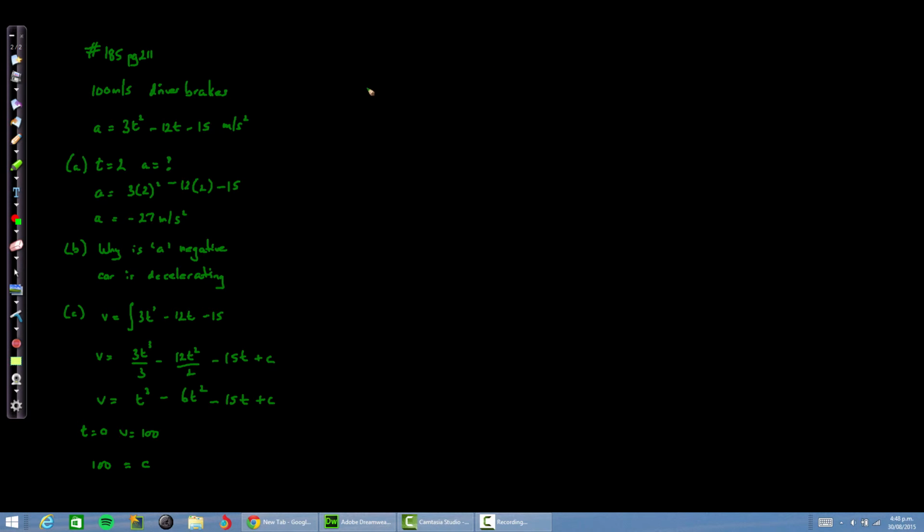So just moving over here, I've got a bit more room, just finishing off C. Our complete velocity equation should be t cubed minus 6t squared minus 15t plus 100. Okay, D asks, how long does it take for the vehicle to stop?